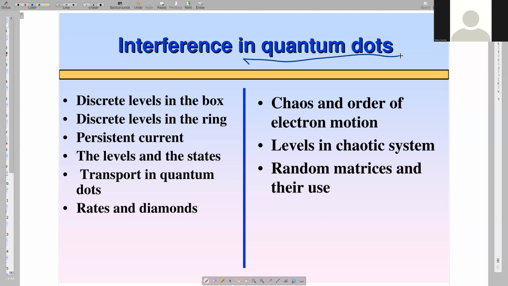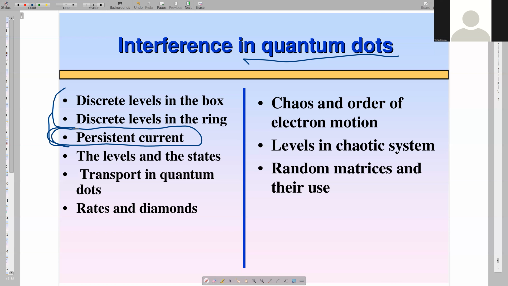Most important signature of quantum dot is a visible quantization of electron spectrum. So we will look at discrete levels in simple geometries, box and ring dots. We will talk about persistent currents in this dot, circular currents which you can induce by magnetic field.